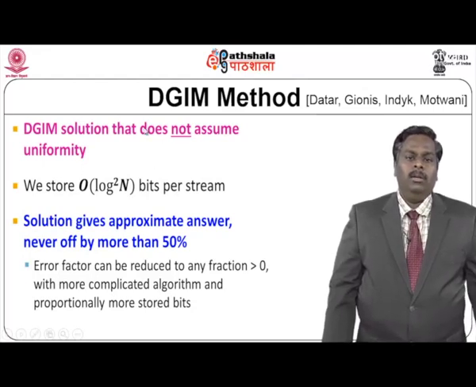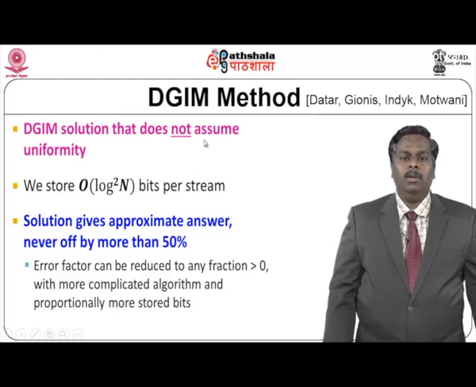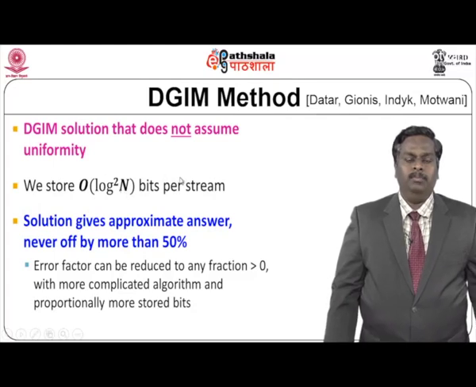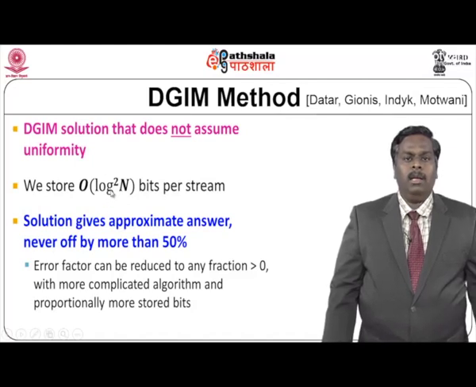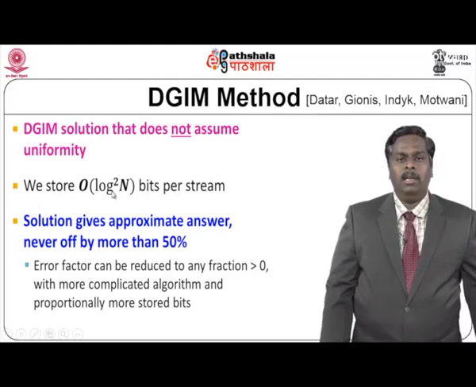Now, for working and a solution for this particular method, we assume that the data streams are stored in the order of log squared n bits per stream. With this complexity, by usage of log, the order of search or the order of storage or the order of access reduces drastically.